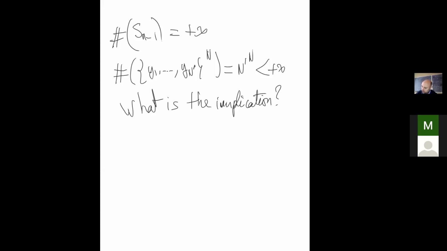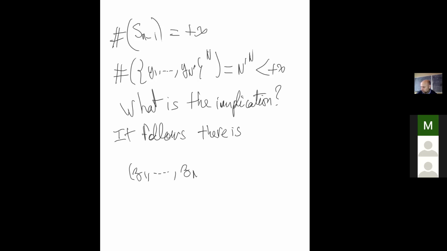So it follows that there is one of the points in the arrival space, so I call it again Z1, Zn. So phi will be constant over an infinite set.